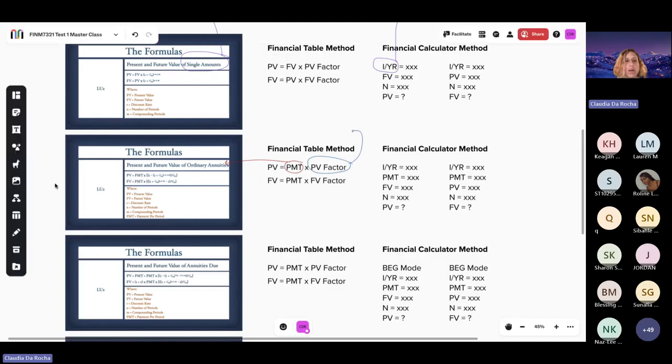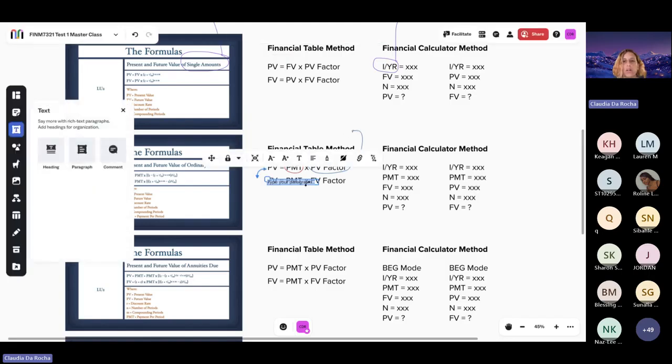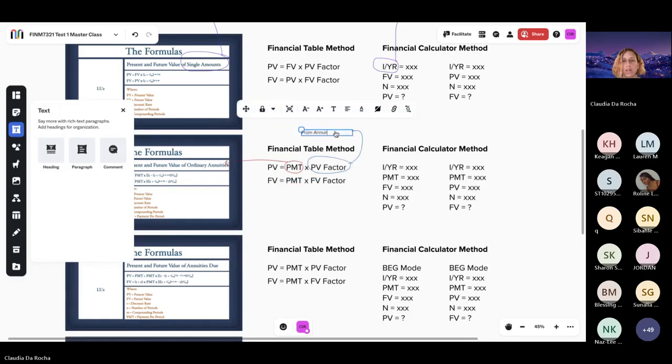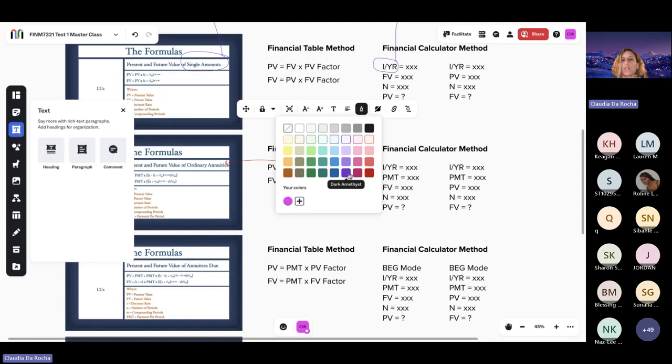We must get it from our annuity table. And it must be the ordinary annuity.